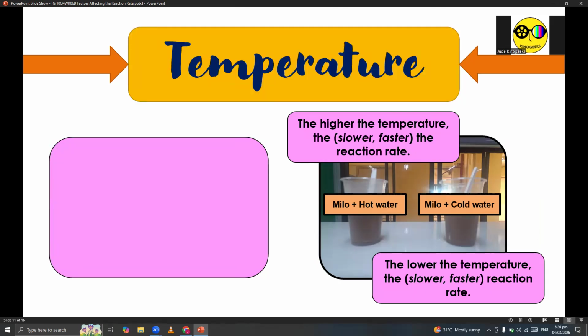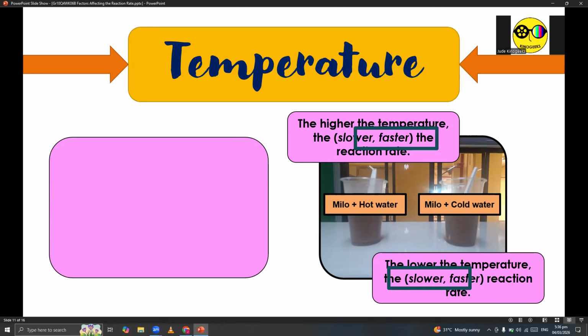And as you notice, it's easier to dissolve Milo in hot water compared to cold water because the average kinetic energy of molecules in hot water is faster compared to that of cold water. Therefore, the higher the temperature, the faster the reaction rate, and the lower the temperature, the slower the reaction rate.